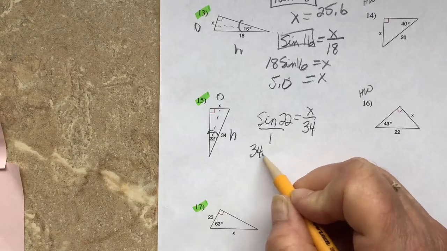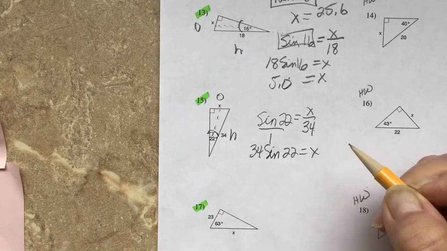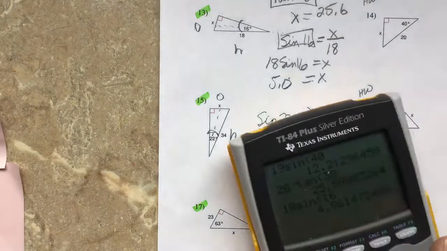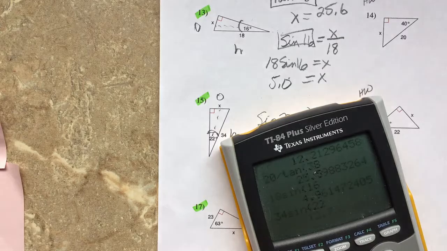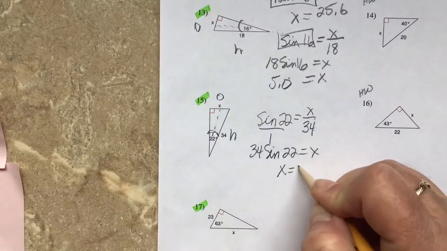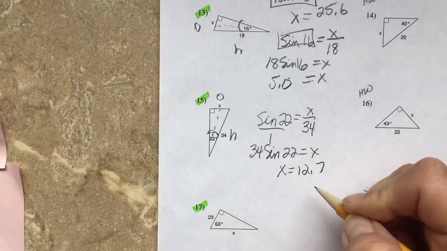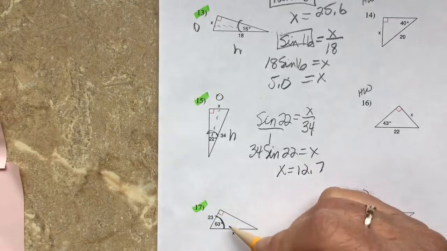So 34 sine 22 equals x. Calculator, 34 sine 22, and hit enter, 12.7. So x equals 12.7.